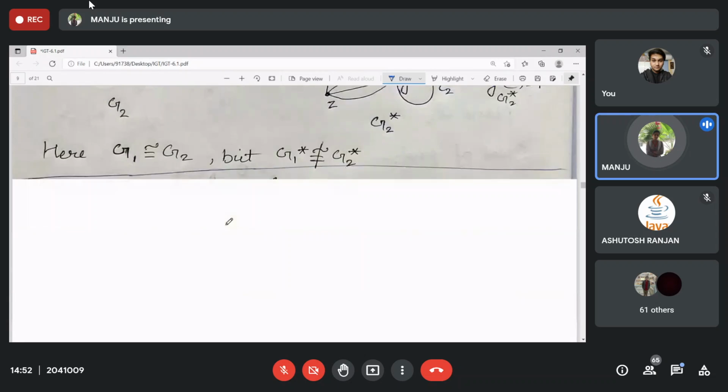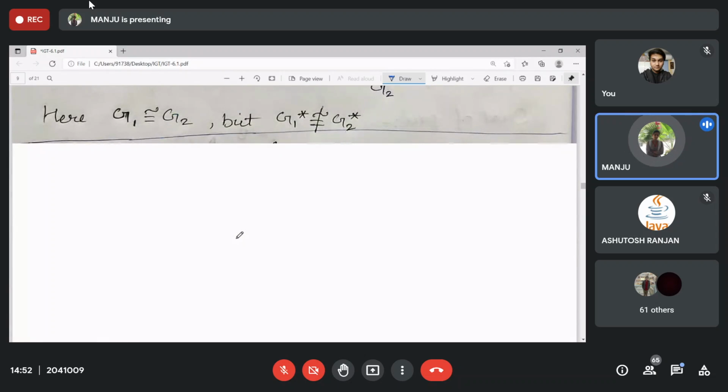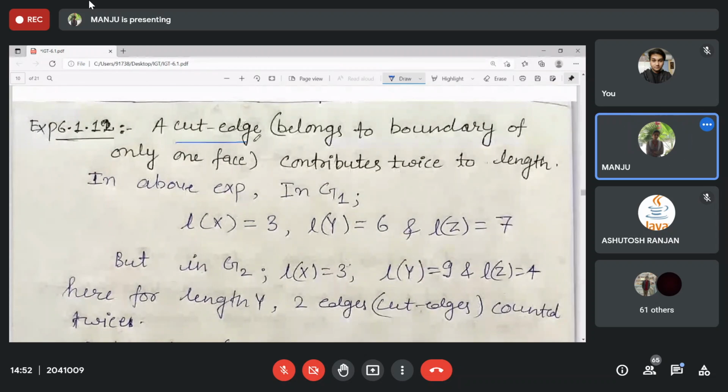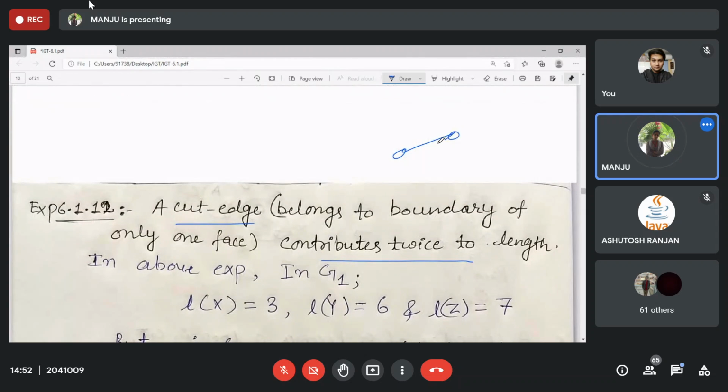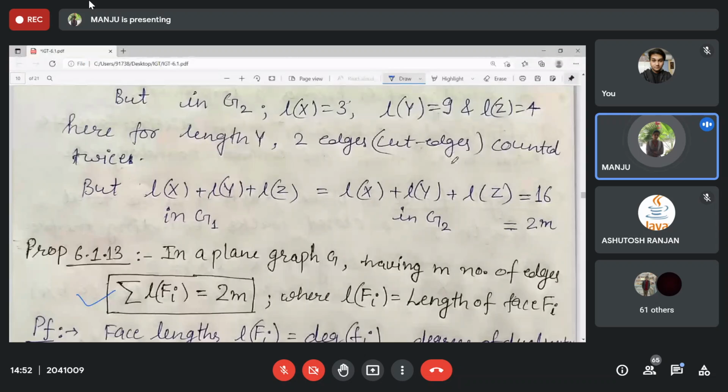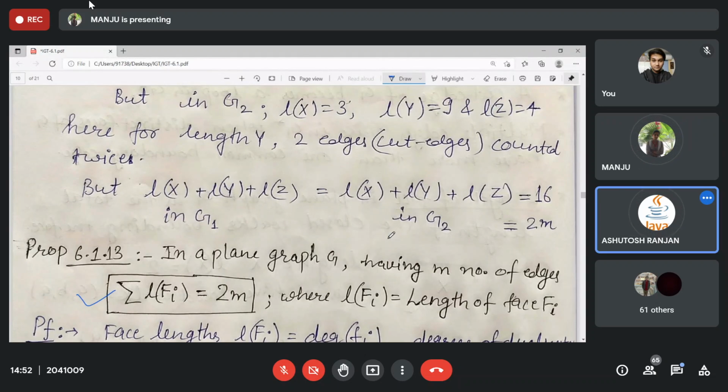And you know that the summation of degrees gives you twice the size, right? A cut edge contributes twice to the length. Why? For a closed walk, it comes twice. I was asking about this one: the degree sum formula. Summation of degree is twice, that is 2m, right?